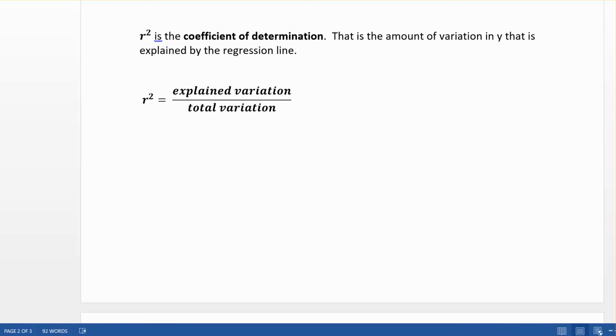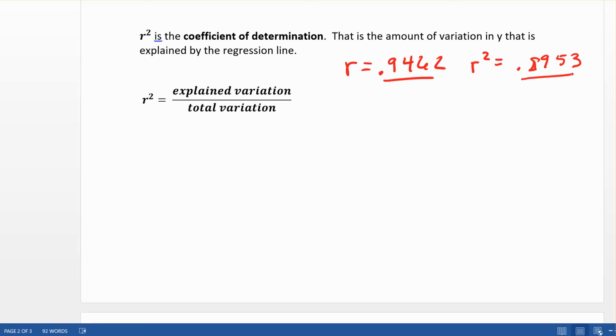So our r squared value, remember back in 10.2, we found an r value, and say r was 0.9462 or whatever it might be. We could compute an r squared value by just squaring 0.9462, which would be 0.8953.